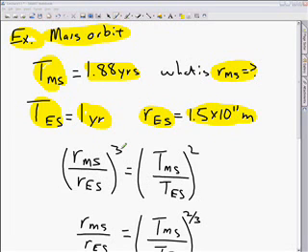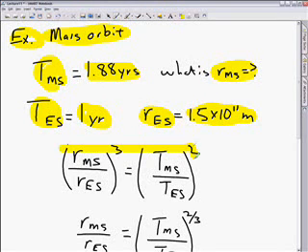So to use Kepler's third law, we have this equation here. We have the radius of Mars around the Sun, the radius of Earth around the Sun, the period of Mars around the Sun, and the period of Earth around the Sun.